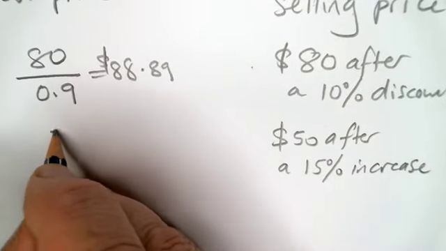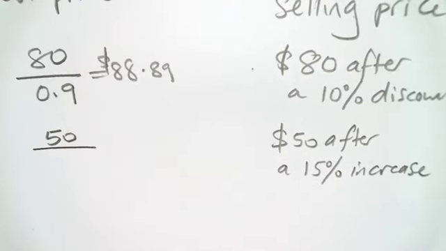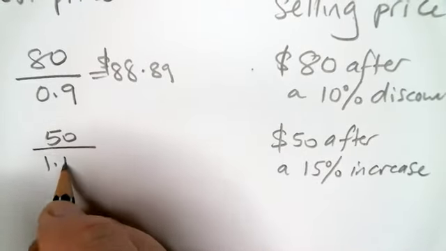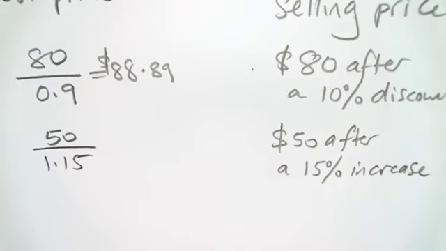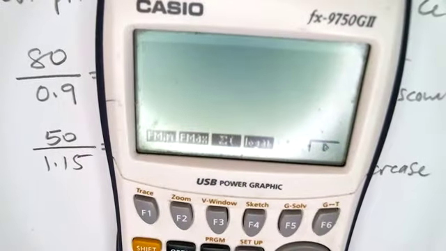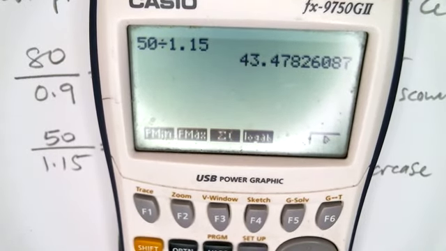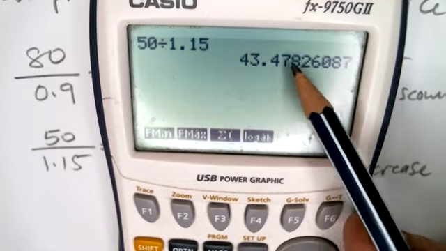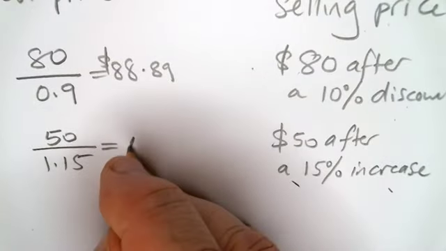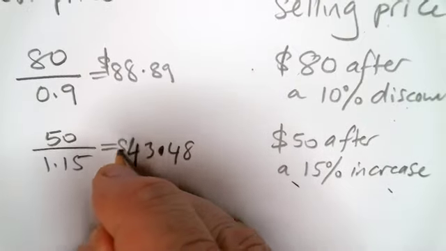So here it is, $50, and all we do is we divide the $50 by the markup, in this case 1.15. So what would that come to? Let's have a look. 50 divided by 1.15, and we get 43.48.